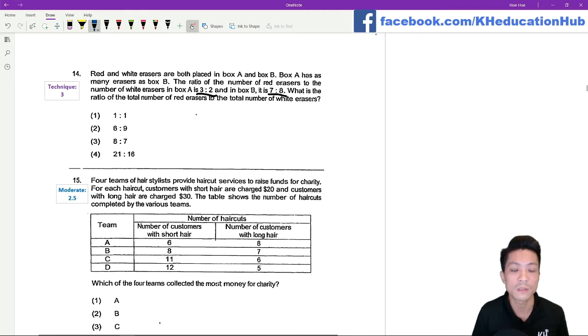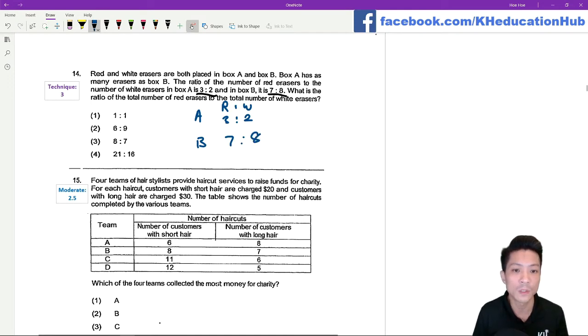Now, in box A, the number of red to white is 3:2, and in box B is 7:8.